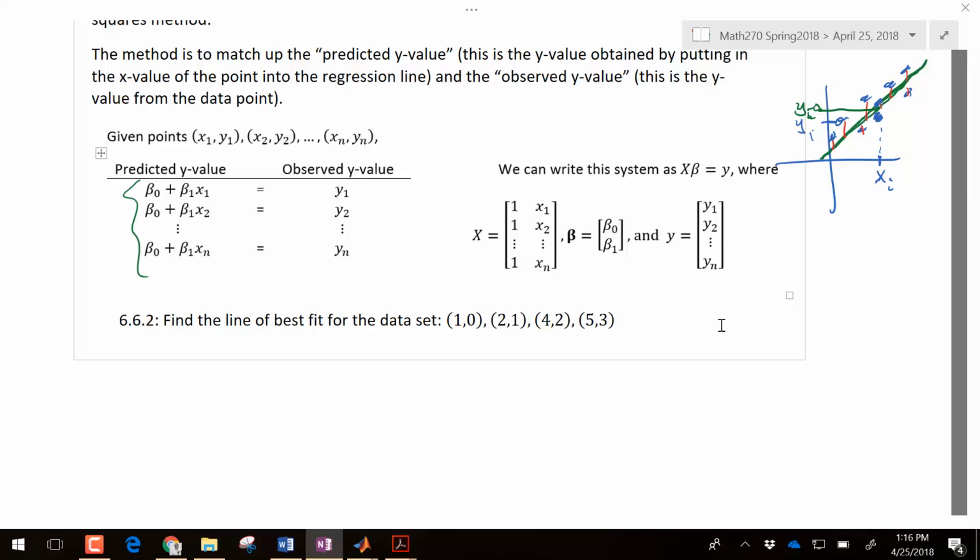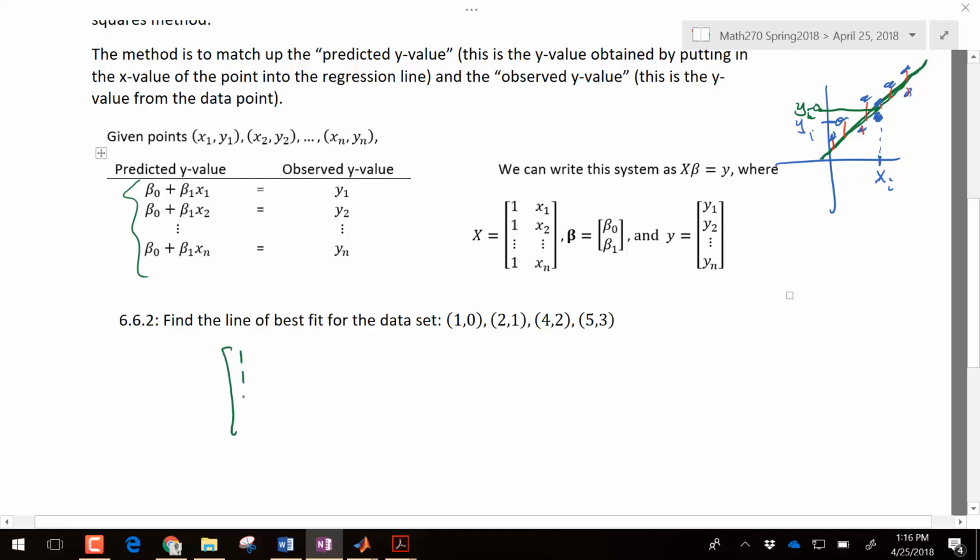We just go ahead and try to do this problem. So what's our design matrix going to look like? Our design matrix is going to be ones in the first column, and then a bunch of these points in the second column, the x values. And then our Y matrix in this case is the observed values of the y values.